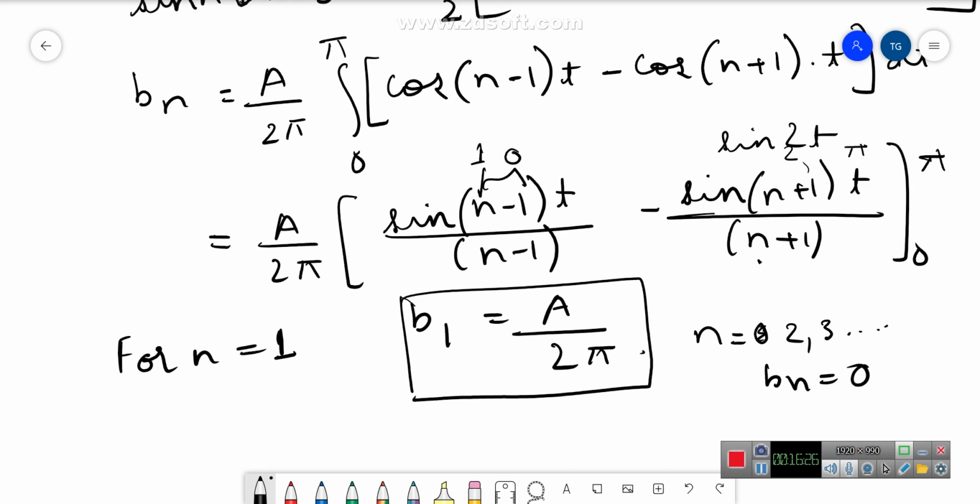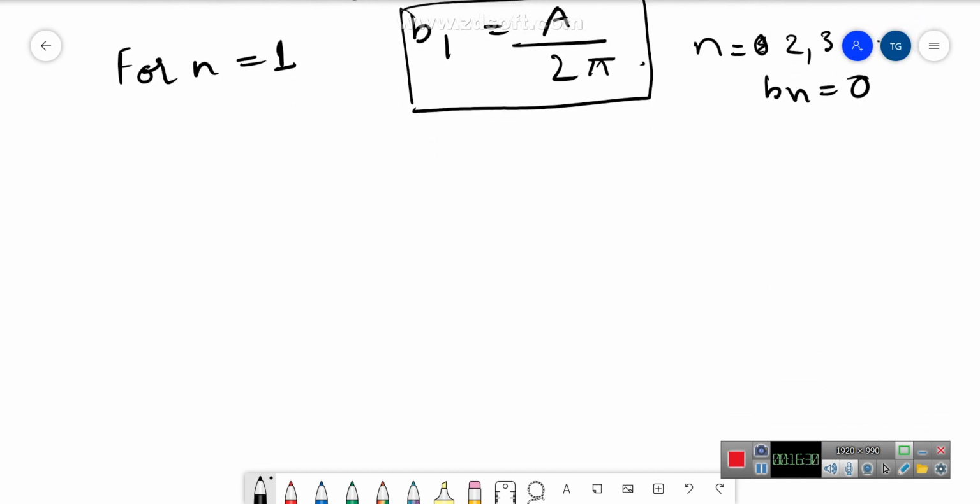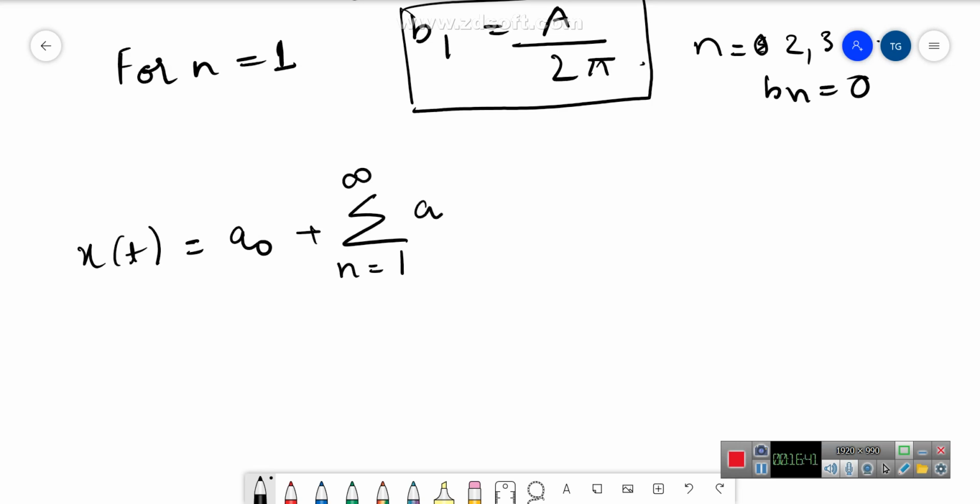Okay, so my Fourier series will look like x of t is equal to, we know, a naught plus summation n equals 1 to infinity an cos n omega naught t plus bn sine n omega naught t.